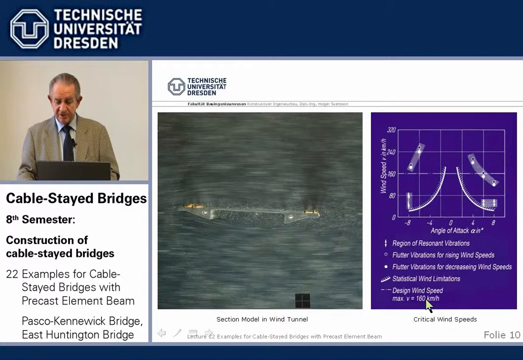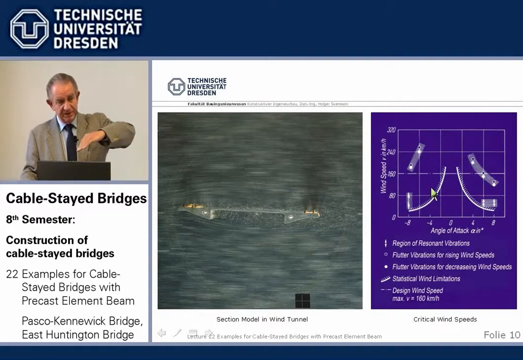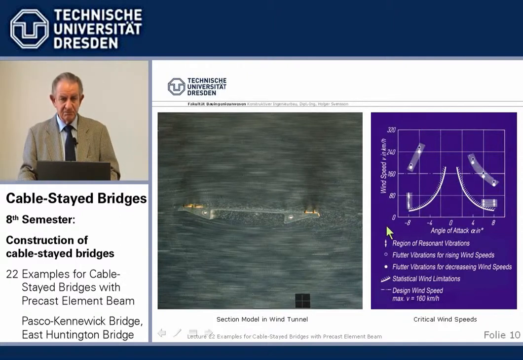The design wind speed was 160 kilometers per hour. That's the design speed here. And we have here shown, for horizontal wind with no angle, this is the wind speed. However, there are very many measurements. When the wind is inclined, the wind speed drops down.